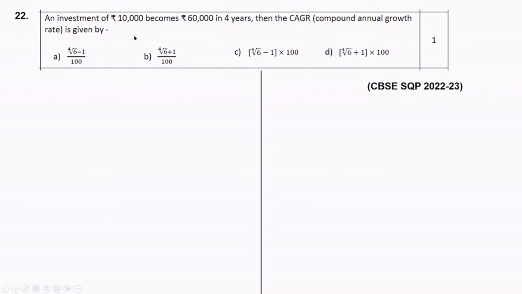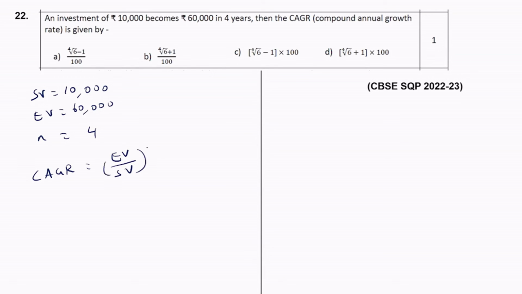Next question, an investment of rupees 10,000 becomes rupees 60,000 in 4 years. Then compound annual growth rate is given by. So here we have the starting value is 10,000. Then the ending value is 60,000 and N is 4. So the compound annual growth rate is given by (ending value upon starting value) whole raised to 1 by N, minus 1, into 100.